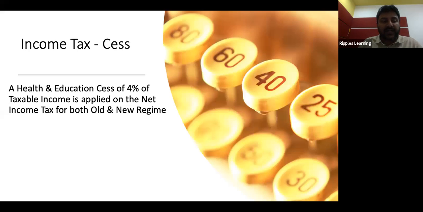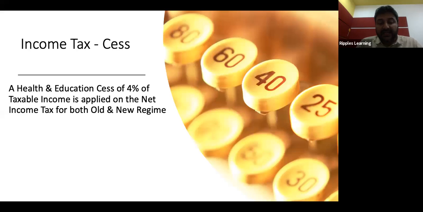How did we calculate 1,72,500? 0 to 2.5, there was no tax. 2.5 to 5, we paid a tax of 12,500. 5 to 10 lakh, we paid a tax of 20%, which is amounting to 1 lakh. And for 2 lakhs, which is 10 to 12 lakh, we paid 60,000.